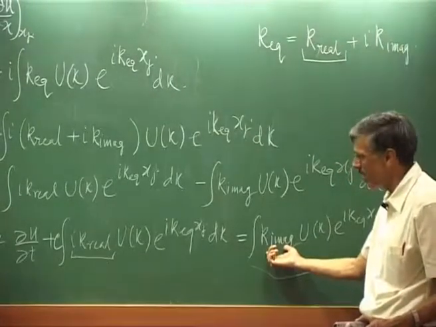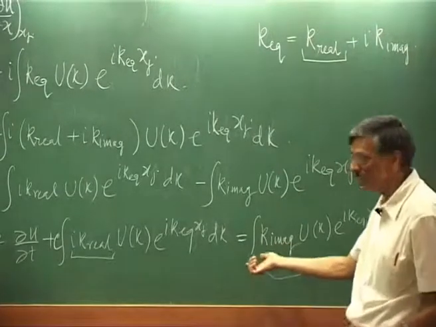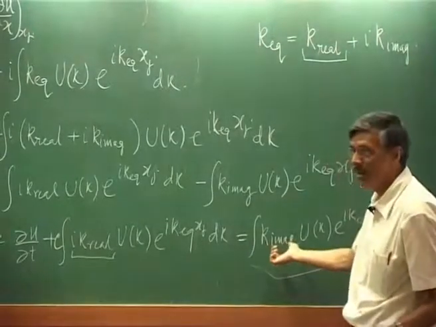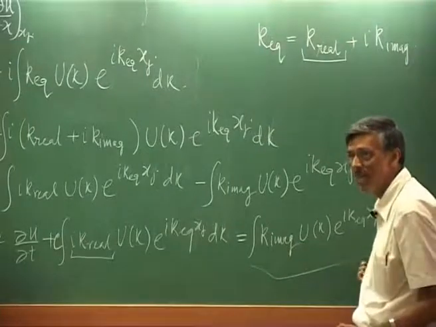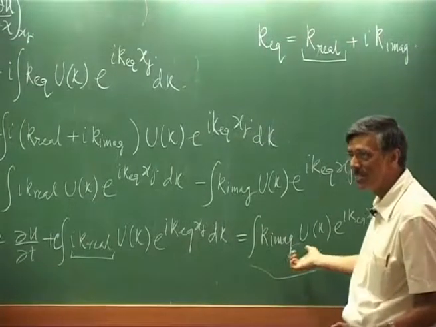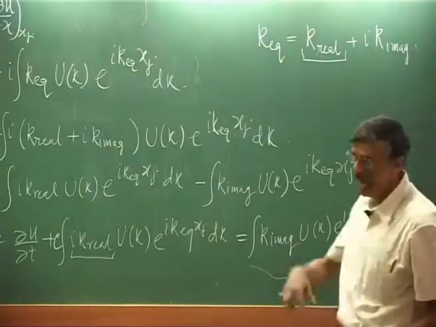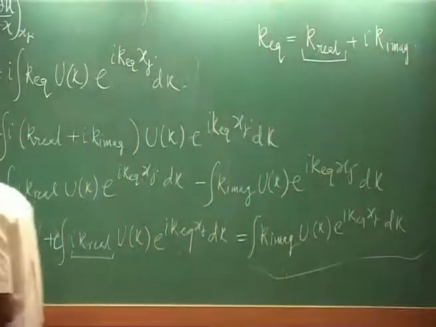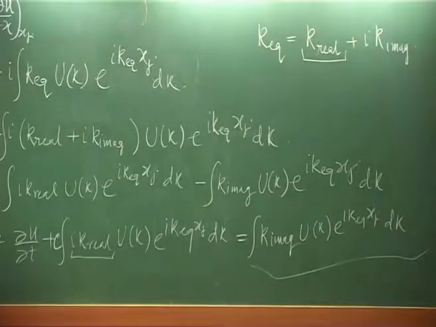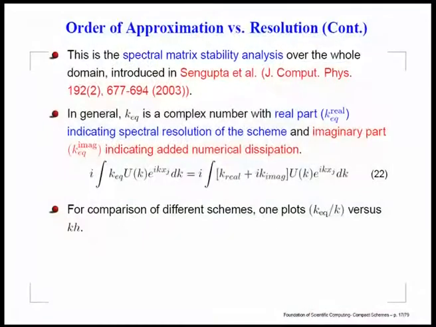Now, you can see what we are talking about. If K imaginary is negative, then what will happen here? If it is positive, it will work as a diffusive term, but if it is negative, it will work as an anti-diffusive term. So, this is something you have to realize, how important it is for one to obtain this K equivalent, and then you would like to probably plot it in a non-dimensional form by scaling it with respect to the corresponding theoretical estimate.